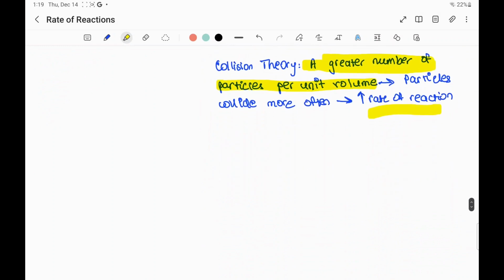The next one is the surface area of solids.